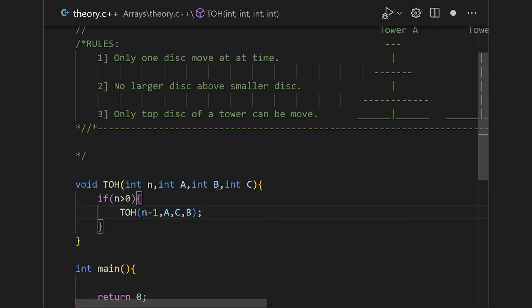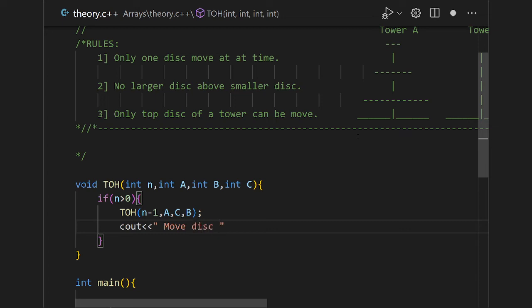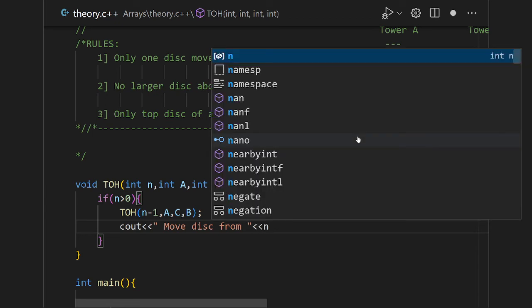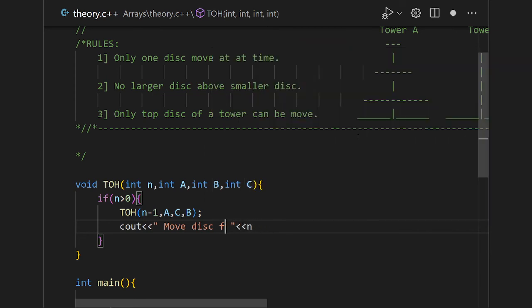We have to move the upper disk, which is a smaller disk, from tower A to tower B via tower C, and we have to print that: move disk n from A to C.